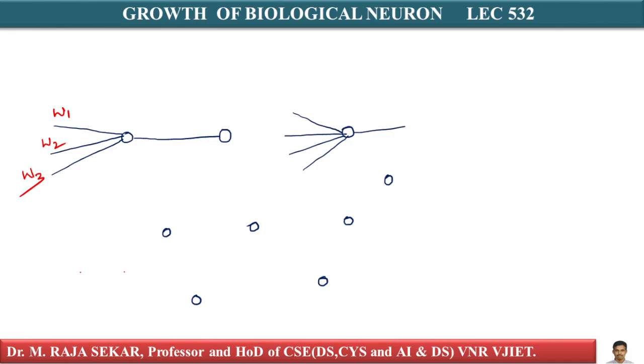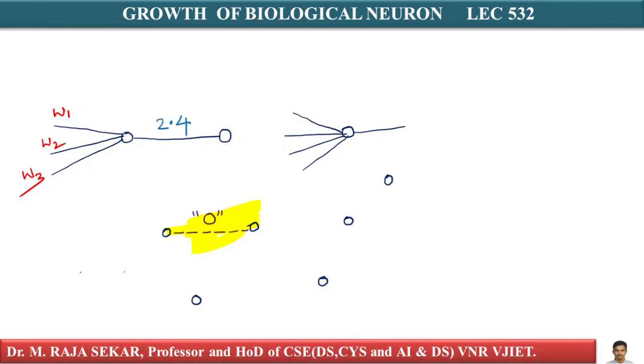Right now, I can say the weight between these two vertices is 0. What it means is that these two neurons are not connected. Let's say there is a weight of 2.4.